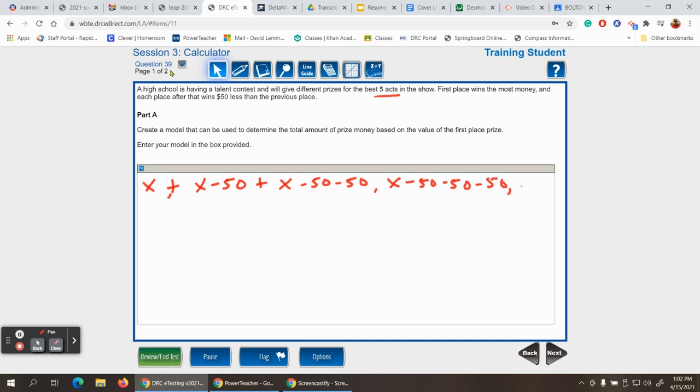And then finally, the fifth person will get X minus 50 minus another 50 minus another 50 minus another 50. So if I put this together, this is X plus X minus 50 plus X minus 100 plus X minus 150 plus X minus 200.